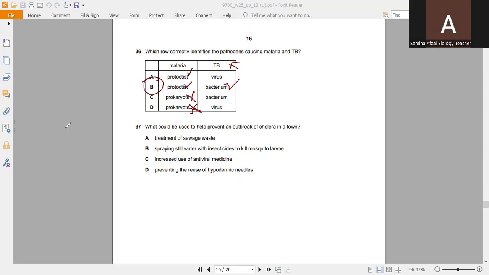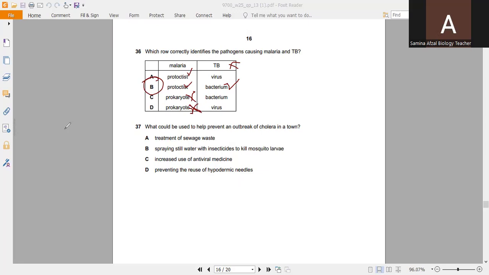So B is the correct option. Next: which could be used to help prevent an outbreak of cholera in the town? Students, cholera is a waterborne disease caused by the bacterium Vibrio cholerae, which spreads through contaminated food or water with fecal matter.